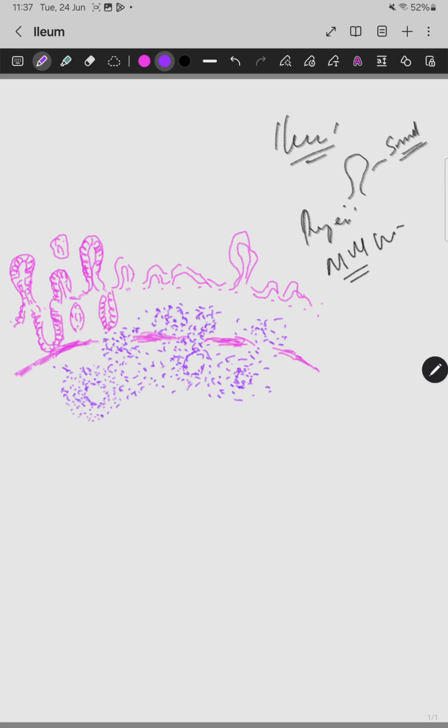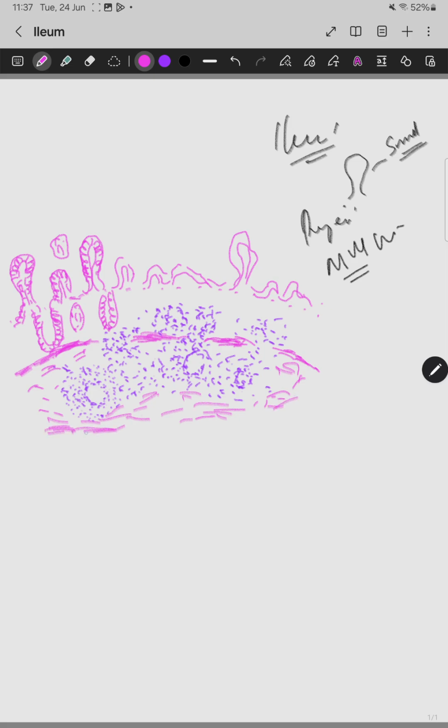After putting the Peyer's patches, we can see that in this area there will usually be connective tissue present. Some connective tissue you have to draw in addition to this in the submucosa. And coming to the muscularis externa, nothing is particular.